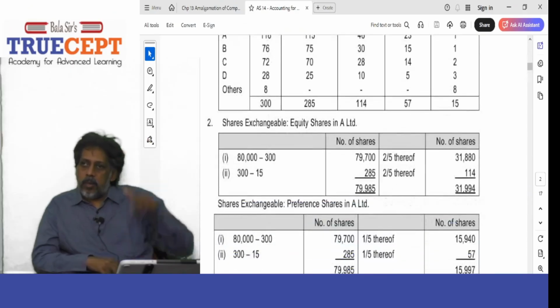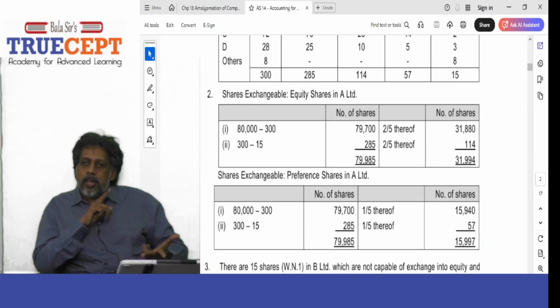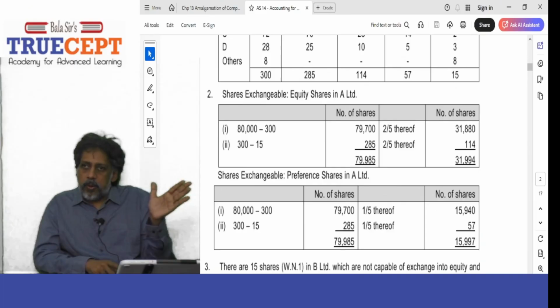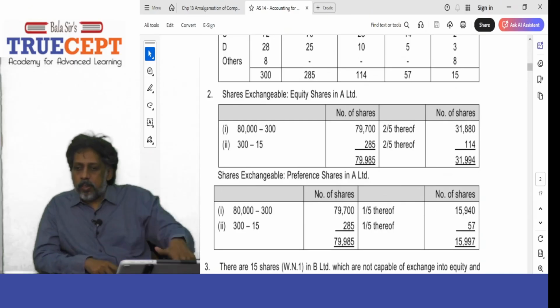Then the second working note: shares exchangeable, equity shares in A Limited. Very simple. First, I will take the 80,000 and out of 80,000, remove 300, which I deal with separately, held by these people. Take 79,700 shares into 2 by 5. How much do you get? 31,880. 880 shares will be offered to these people.